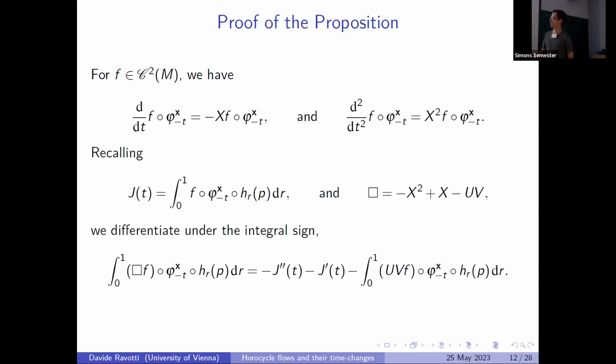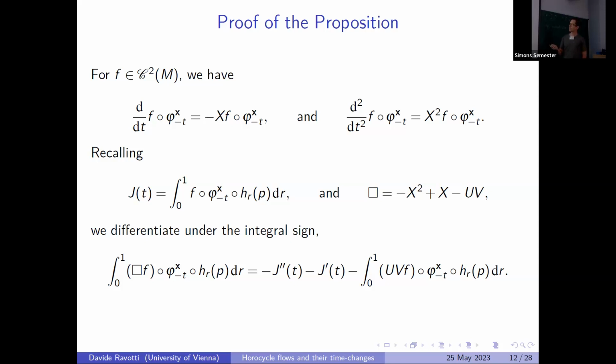Okay, so this was my function j, and this is the new expression for the Casimir operator that I found. So let me compute what would be j if instead of f there was the Casimir operator of f. Well, I get X squared plus X, but since X squared is the derivative of f composed with this, I just get minus the second derivative of j.